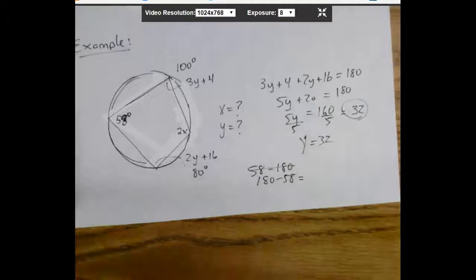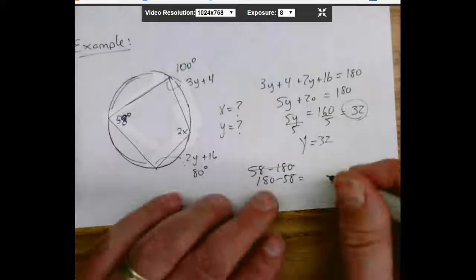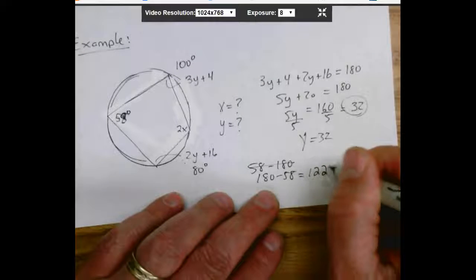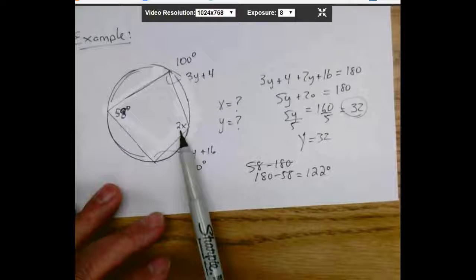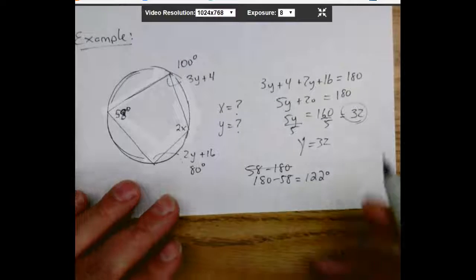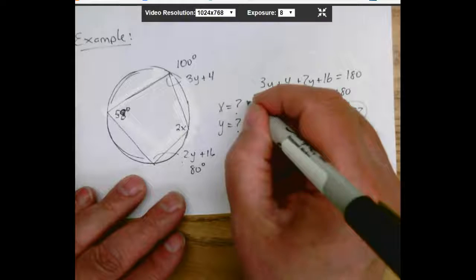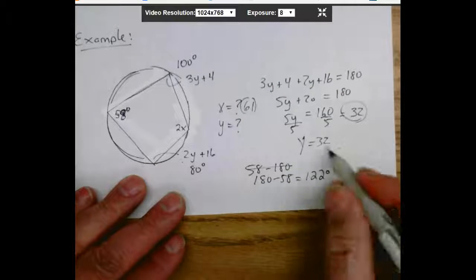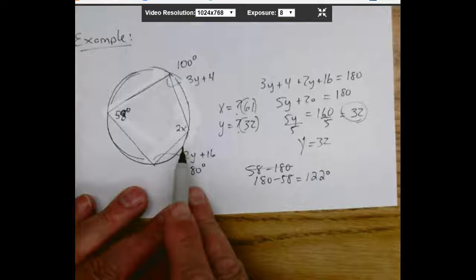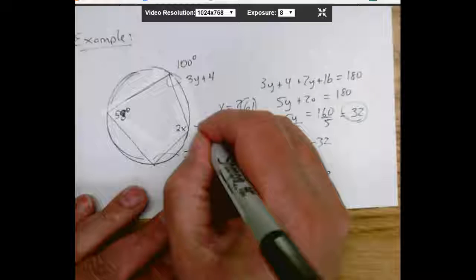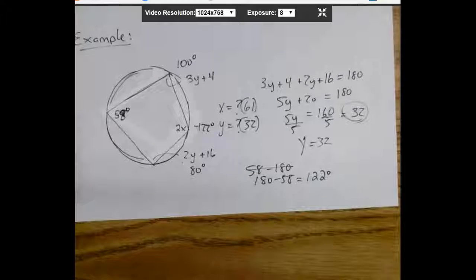And then if we do the math, that looks like 122 is what's left, right? For this angle should be 122. So then if we just take 61, so x equals 61, y equals 32, and then we plug this one in. It should be 122 as well. So that's kind of how you use that.